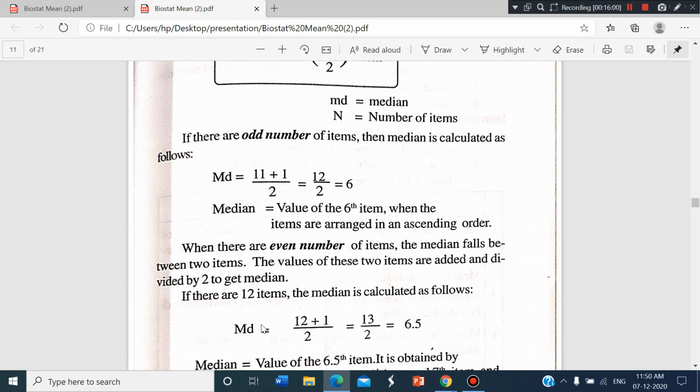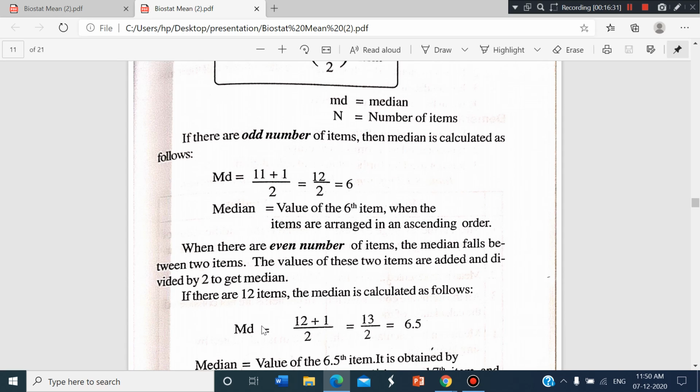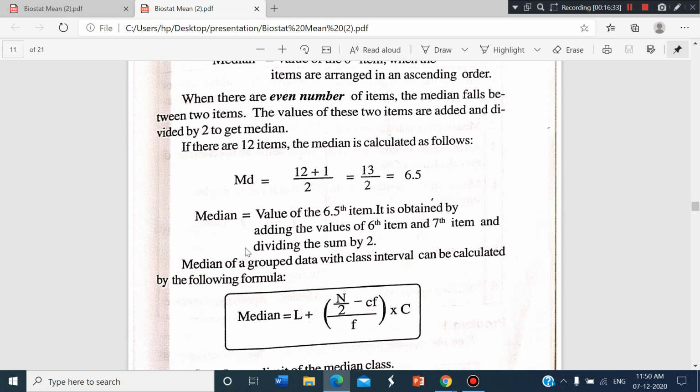Suppose instead of an odd number there is an even number of items. In that case the median falls between two items, and the values of the two items are added and divided by 2 to get the median. Say there are 12 items. The formula says MD equal to n plus 1 divided by 2, so 12 plus 1 divided by 2, that means 13 divided by 2, that is 6.5.